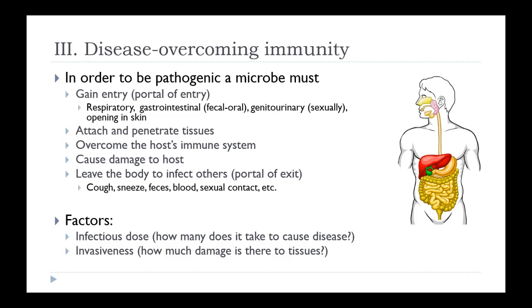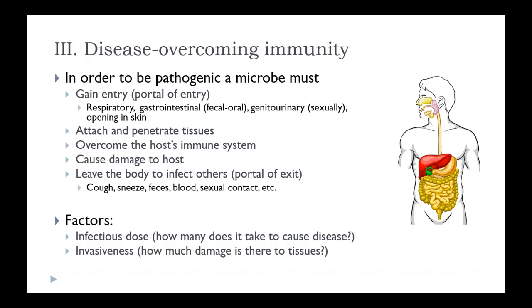Once it does that, the body will stimulate an immune reaction to start, and then it just kind of depends on who wins. And so if they overcome the host's immune system, at least temporarily, then they cause the damage and that person gets sick. Hopefully after that, the immune system catches up and is able to eliminate the pathogen.